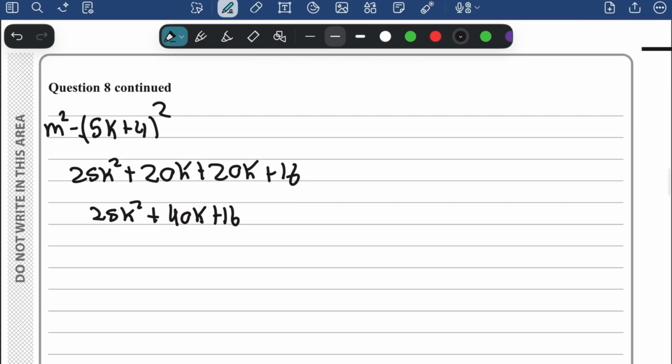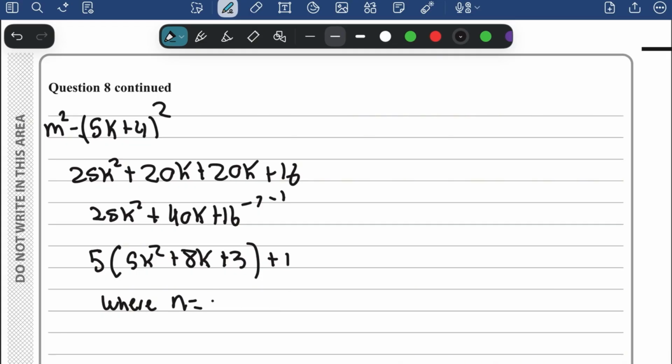Now we can factorize this if we minus 1 from this, right? Because then it becomes 15. So we just do 5 in brackets, 5k squared, add 8k, add 3. And then because we minus 1 here, we just need to plus 1. Then we've shown again there's 5n plus 1 this time.